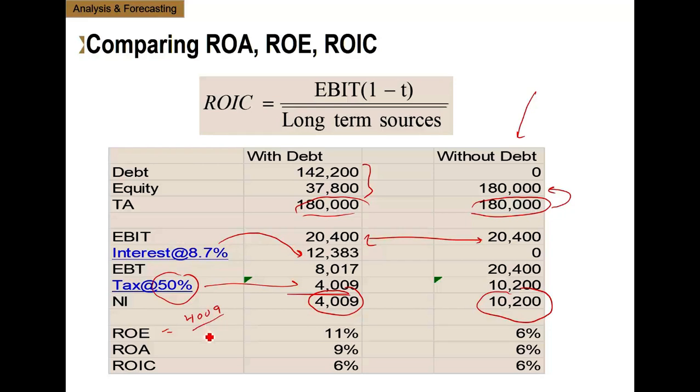And the equity in this case is 37,800. All right, that's what gives you that 11%. You do the same thing for the column without debt, and you'll get 6%.